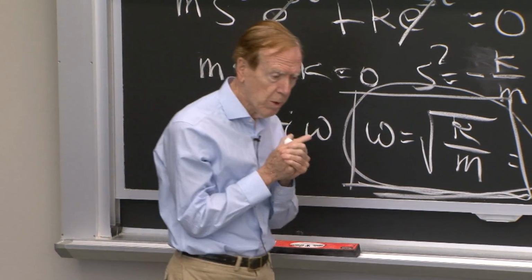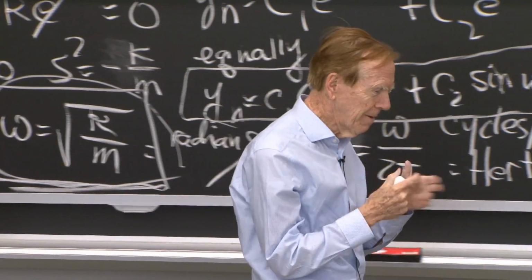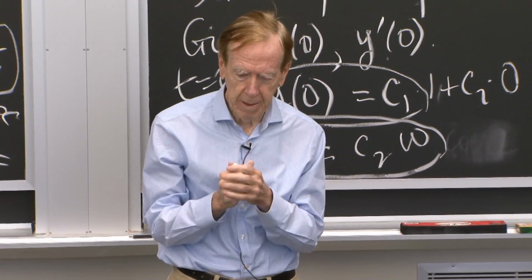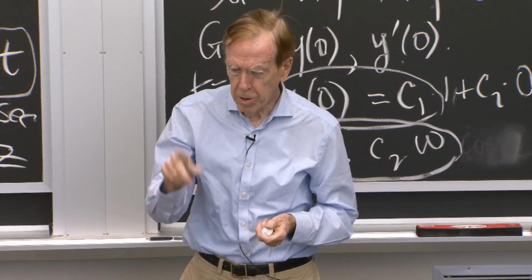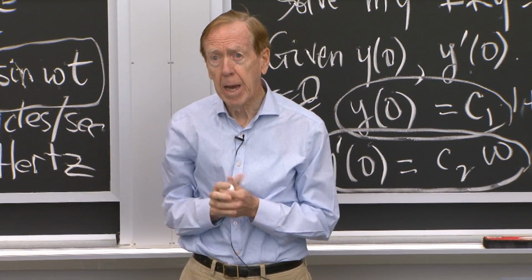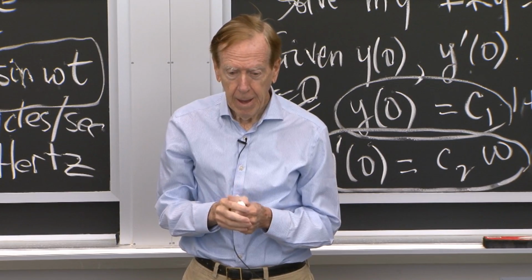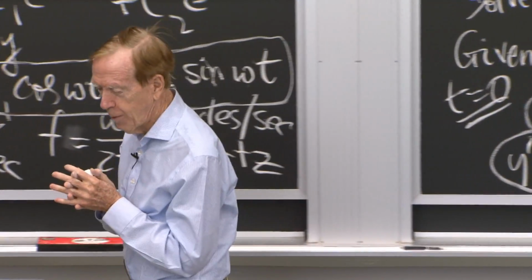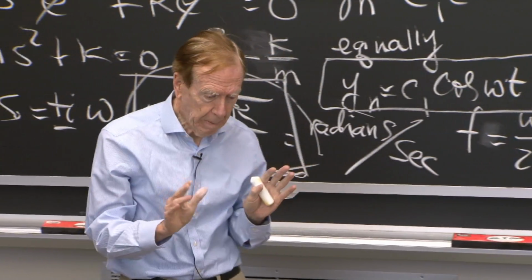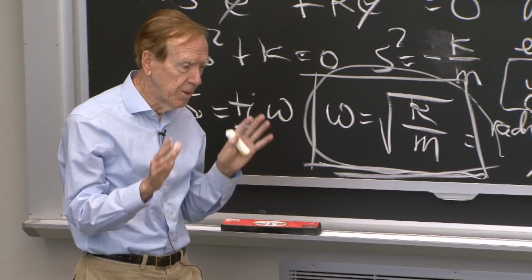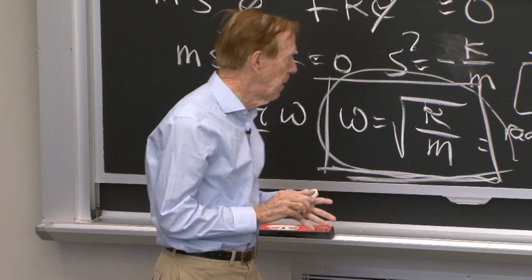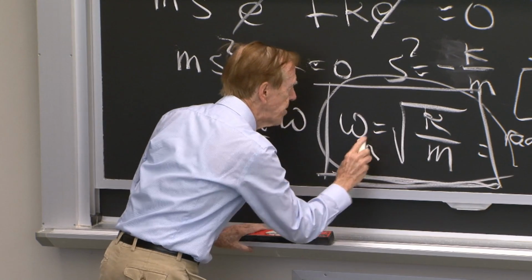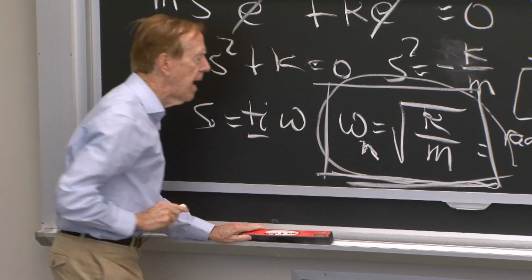Actually, when I first wrote the book, I thought, everybody has to keep these two separate. So my first attempt was to use little omega and big omega for the two. I concluded after looking at it for a while that it was better to be more conventional. People had figured out a good way to do it, and the good way is to call this the natural frequency and put a subscript n.